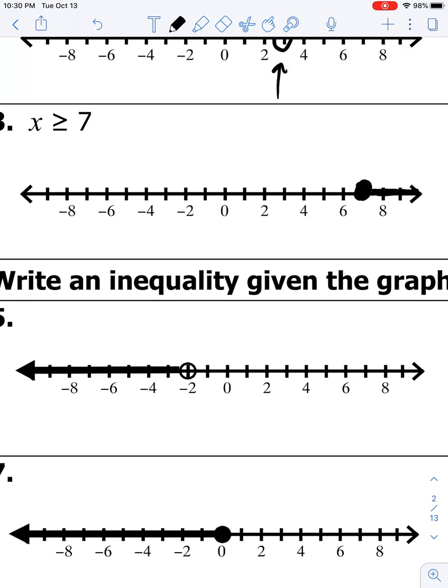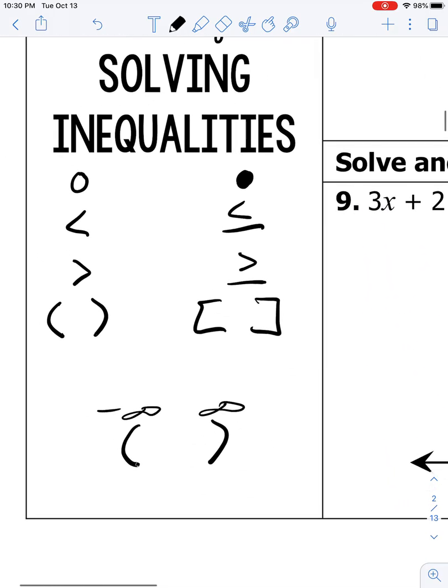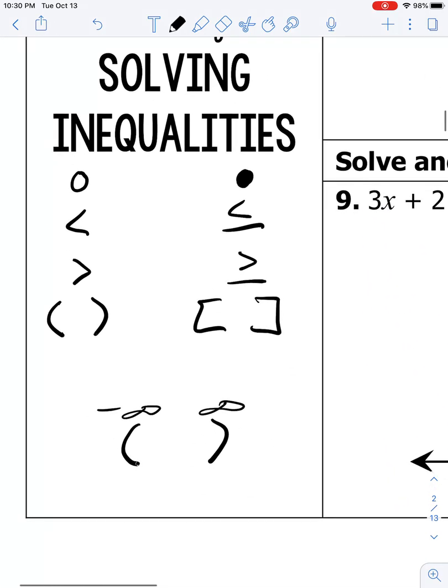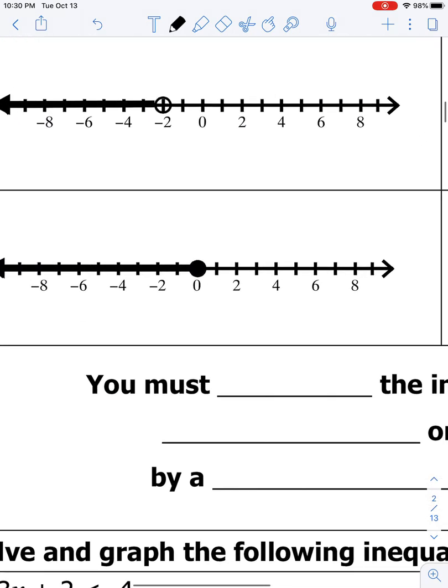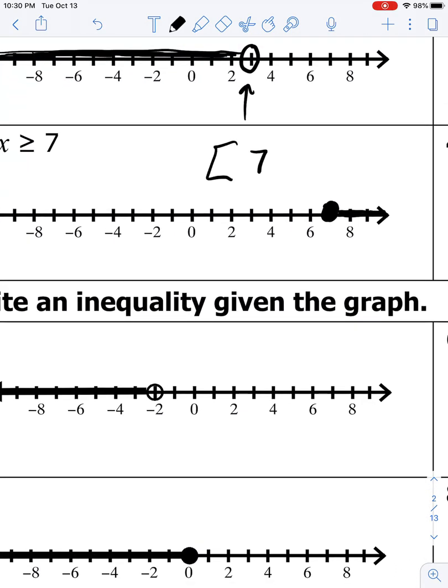Interval notation. So a closed circle, all right, so we're going to start at 7 first of all. So that's what we're going to write down, a 7. And if you look right here at the notes that I gave you, a closed circle is a bracket. So what I'm going to do is I'm going to put a bracket here. Now, where does this go?